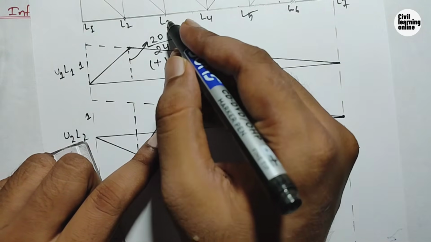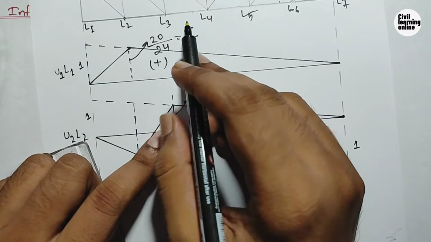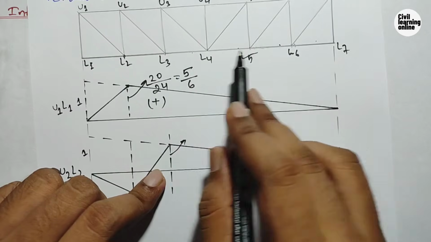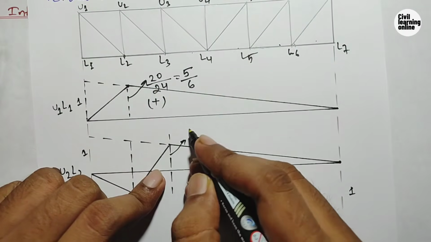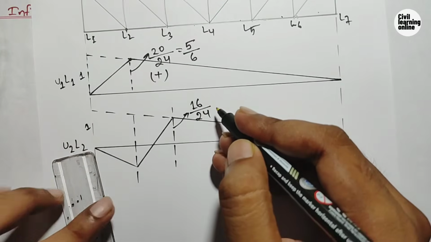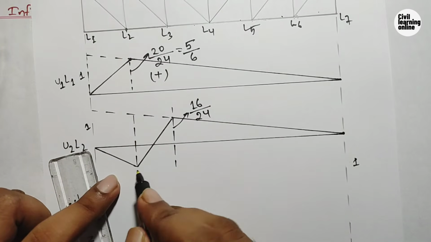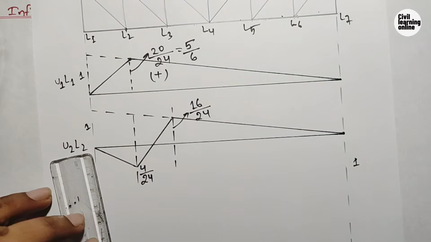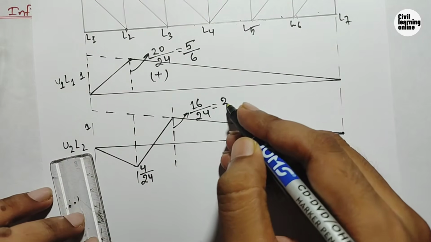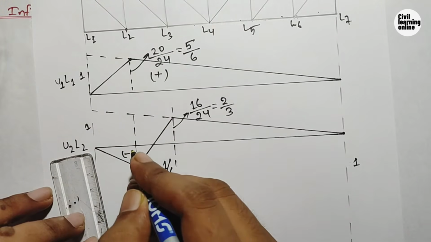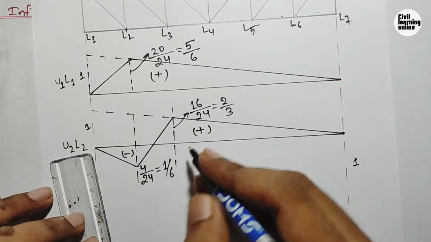So we need to take the span up to L3, and the span up to L3 is going to be 4 plus 4 plus 4 plus 4, means 4 times 4 is 16, upon whole span 24. Similarly here the span is going to be 4 upon 24, which will be equal to 2 by 3 and 1 by 6. This is going to be negative and this is going to be positive.